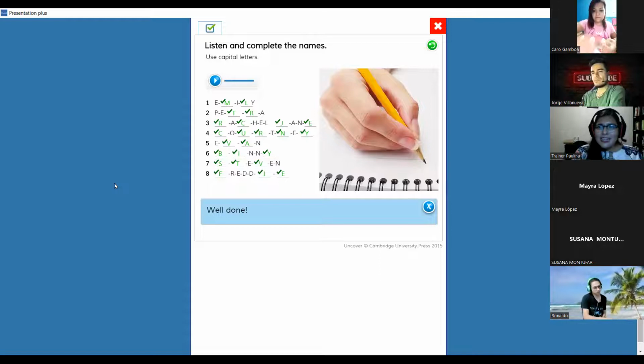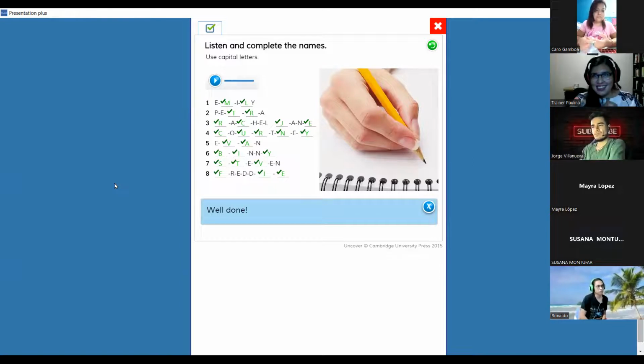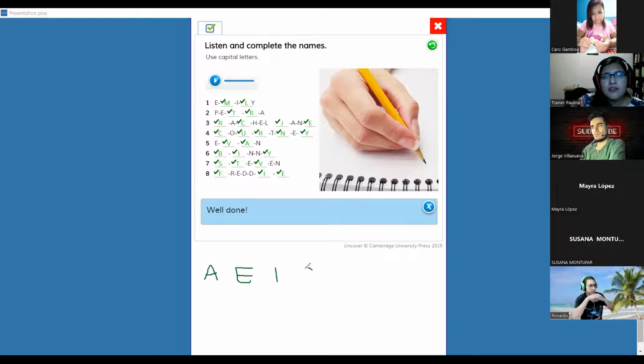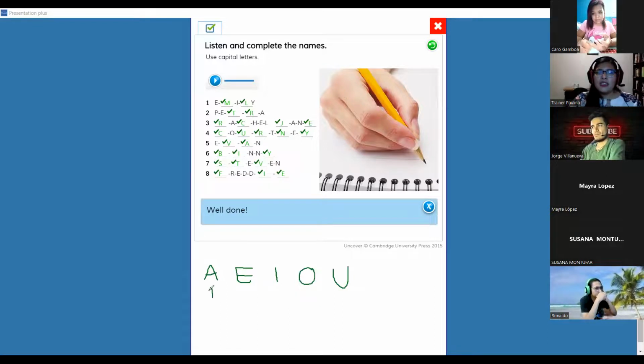¿Con qué letra estoy batallando? ¿Con la E, con la A y con la I? Muy común porque suenan muy parecidas. How about we practice just the vowels? Vamos a practicar puras vocales, porque luego son las que me confunden un poquito. So I'm going to say it and then you guys repeat after me.